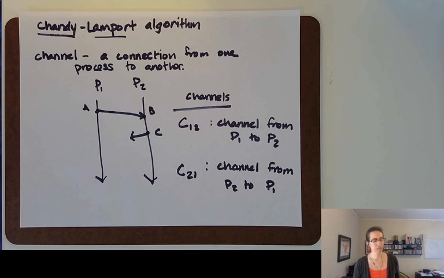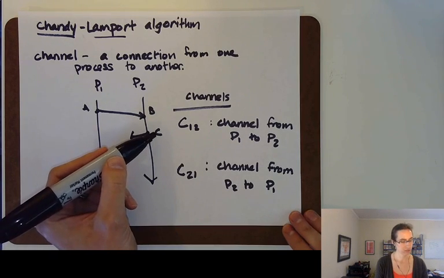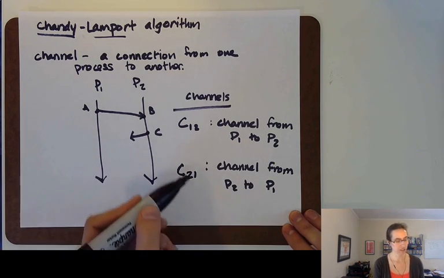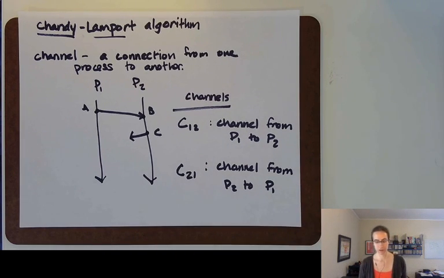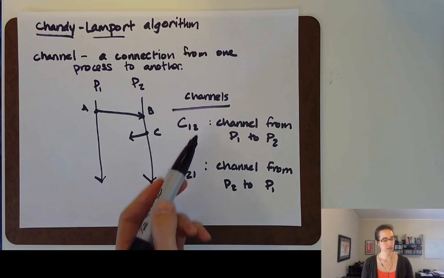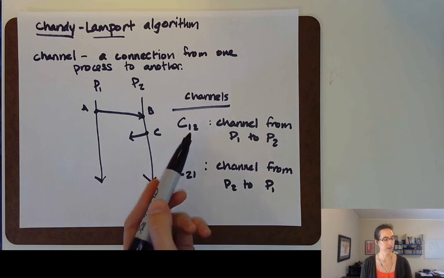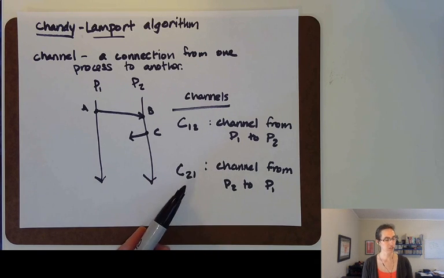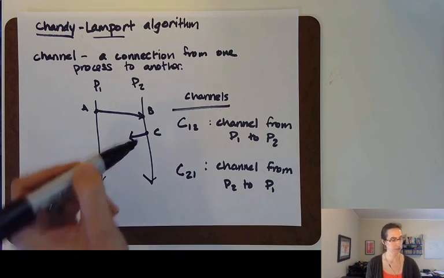So we say that this message from P2 to P1 is currently in the channel C21. So in this particular picture, channel C12 is empty because there's no messages currently in flight from P1 to P2, and channel C21 has one message in it, this message right here.